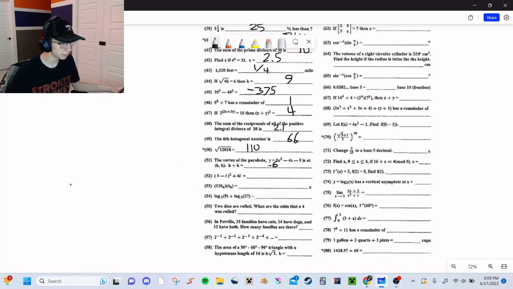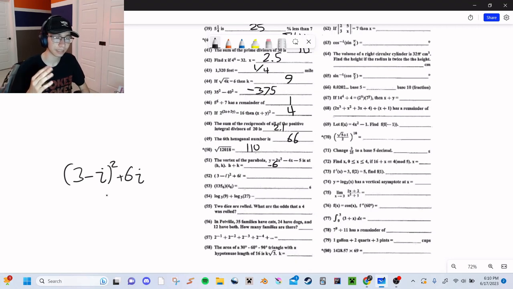Okay, 52. I have 3 minus i squared plus 6i. How do I do this? Well, let me expand this right side. Well, wait, how do I expand it? And what is i, you might be asking yourself. i is a special number. i is equal to the square root of negative 1.